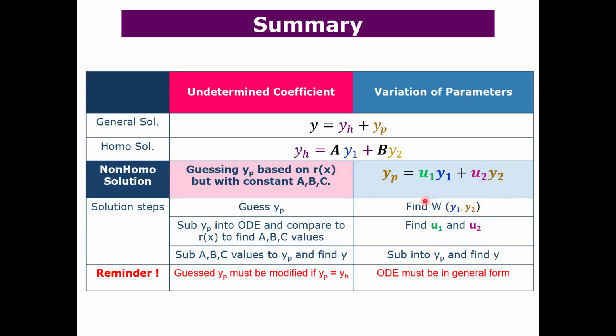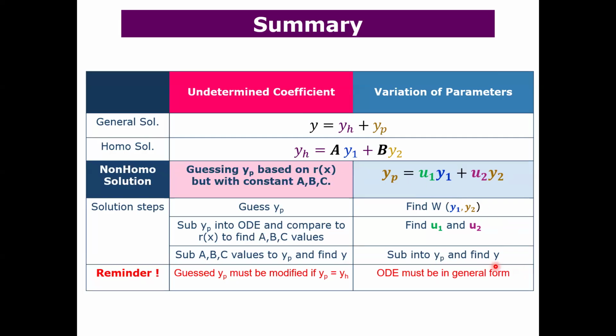From the Wronskian, we can find u1 prime and u2 prime, integrate them later to get u1 and u2. After getting u1 and u2, substitute back into yp here, and you can find y by adding yp and yh together.